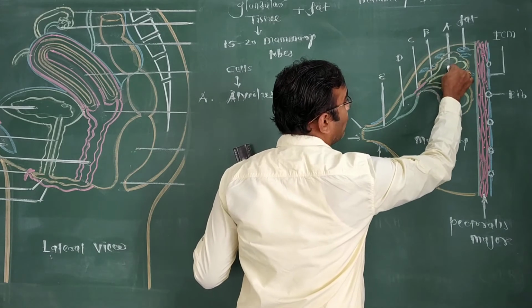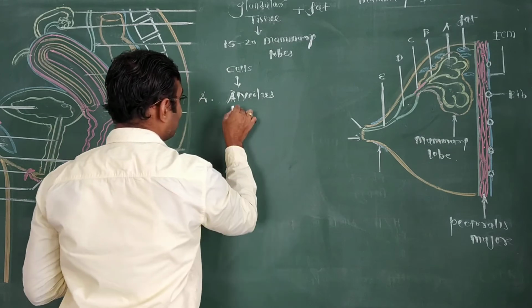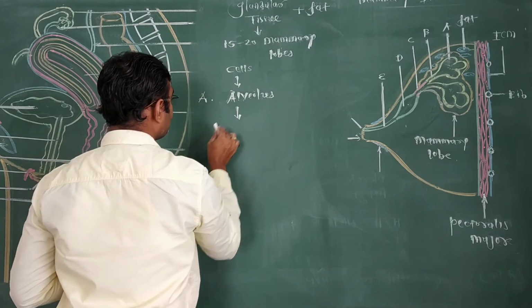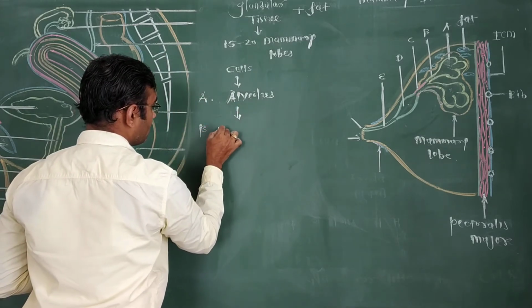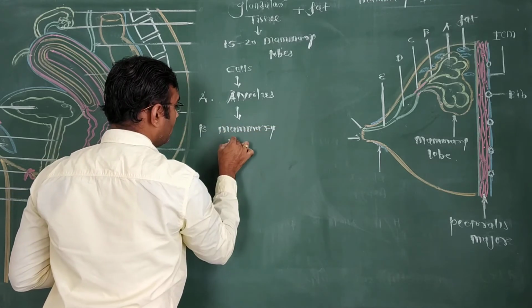This is the lumen of the alveoli, which opens into one duct, the mammary tubule.